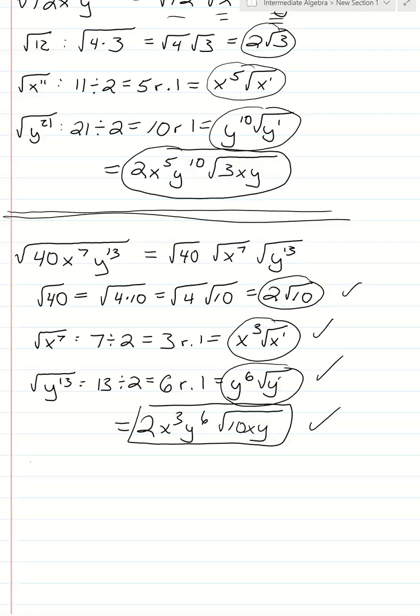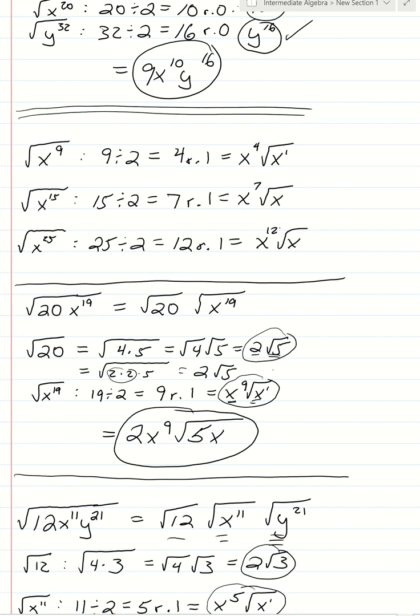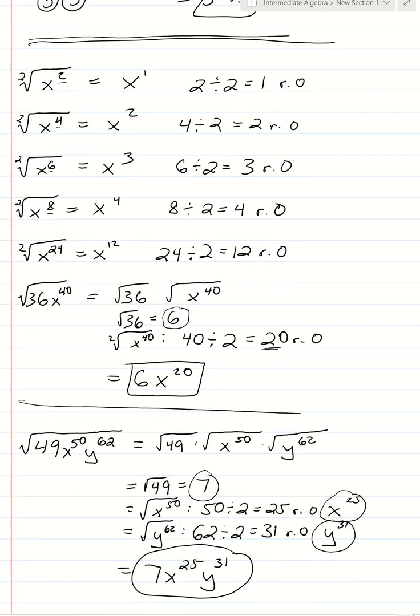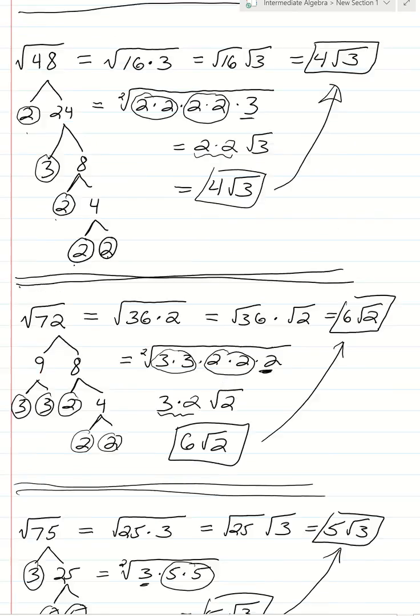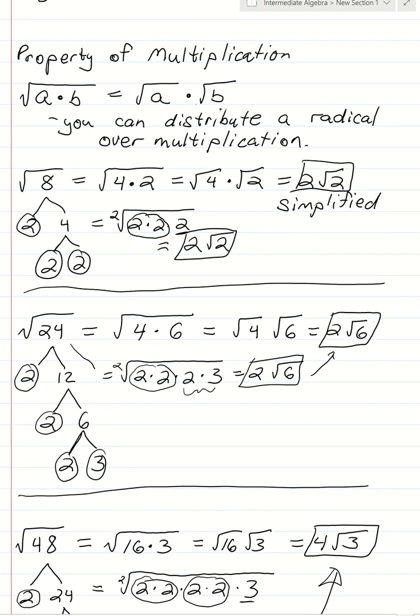Okay, so we had a property that allowed us to distribute a radical over multiplication. Once again, that told us that we could take the square root of a times b equals the square root of a times the square root of b, because you can distribute a radical over multiplication.